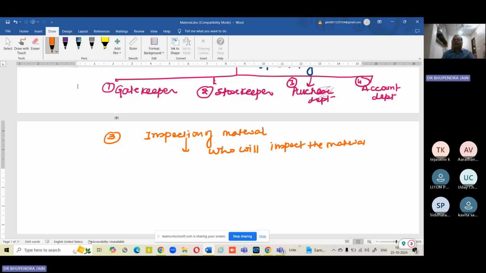Question is, who will inspect the material? Who will inspect the material? Now the quality control department inspects the material.